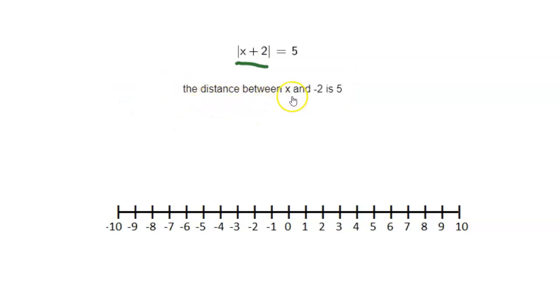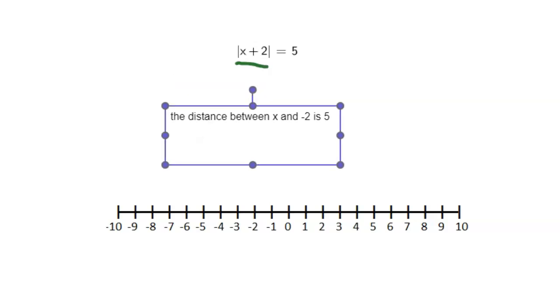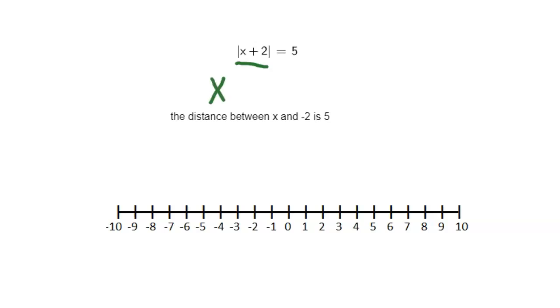So the distance between x and -2 is 5. And so what that would look like then would be this. It looks like this. It would be the absolute value of x minus a -2 equals 5.